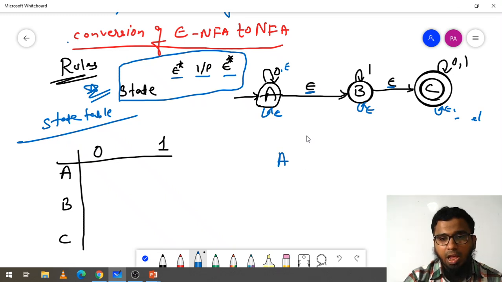A, then epsilon closure, and here the input. What is the input we have? We are going on 0.